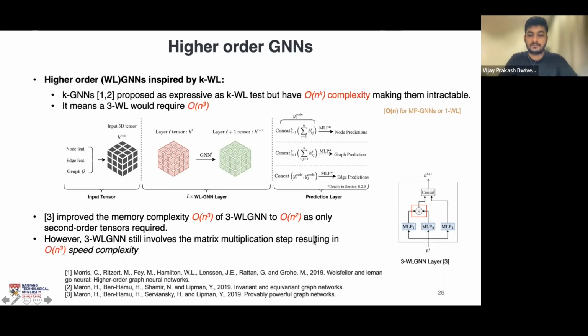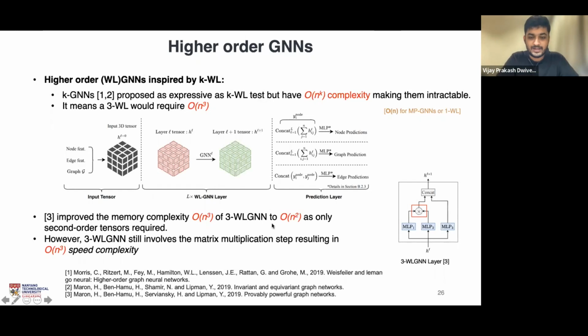Because of this matrix multiplication step, which is done on the outputs of two three-dimensional matrices, it results in cubic speed complexity. So this is how we are proceeding one step at a time. In this case, we saw that we can have a more powerful model, but that comes at the cost of very intractable computational complexity.